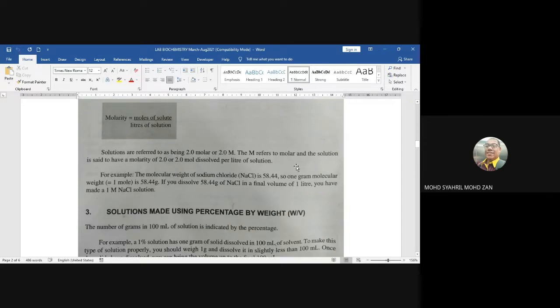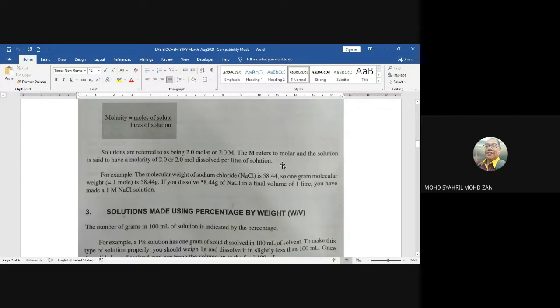So, for example, the molecular weight of sodium chloride is about 58.44. In 1 gram molecular weight, or 1 mole, our sodium chloride is 58.44 grams. So if we dissolve 58.44 grams of sodium chloride in 1 liter, you will get a 1 molar sodium chloride solution.